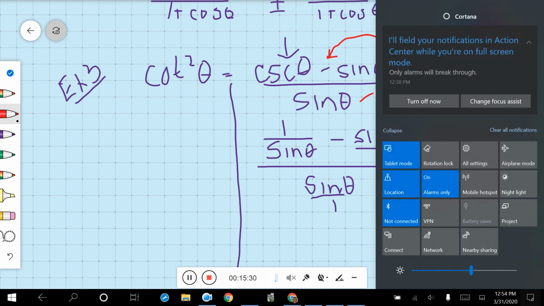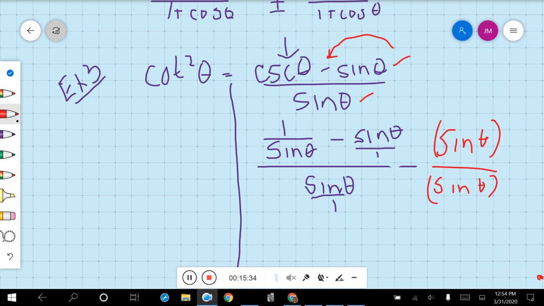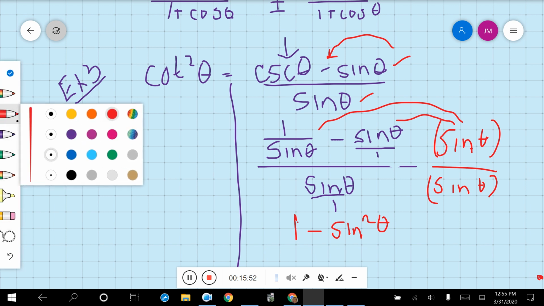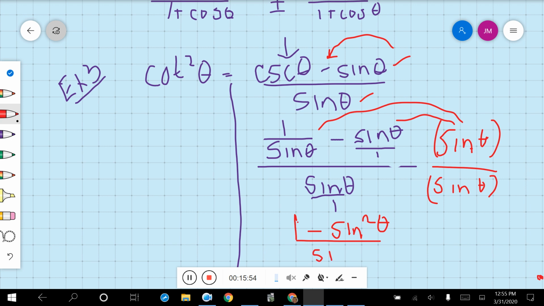And then you distribute it. So I distribute the sine here, I distribute the sine here. So sine times 1 over sine is 1. This becomes sine squared. And your denominator becomes sine squared theta. Okay, we're just about done.